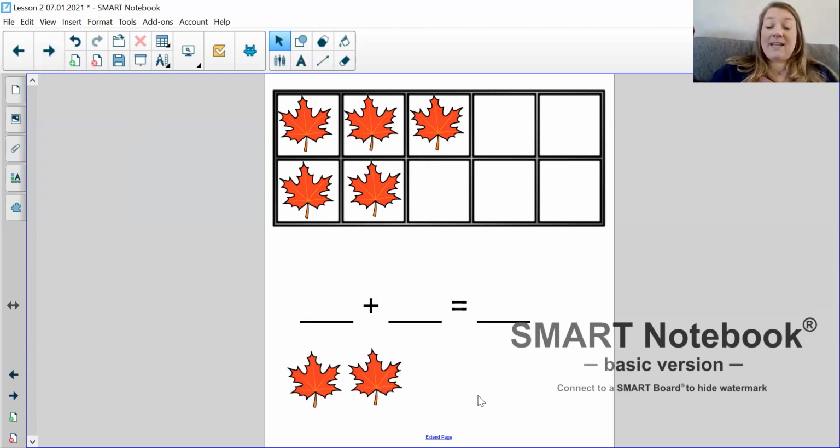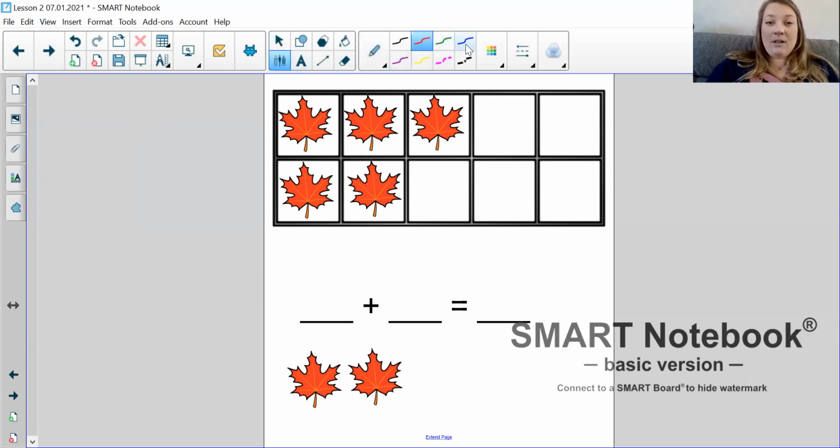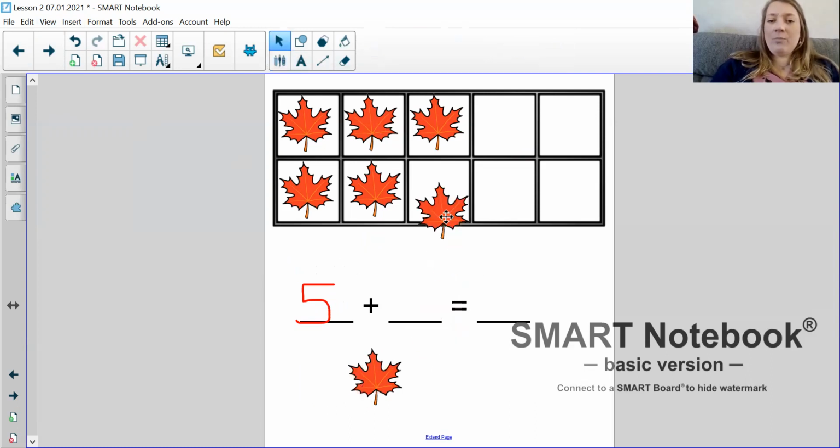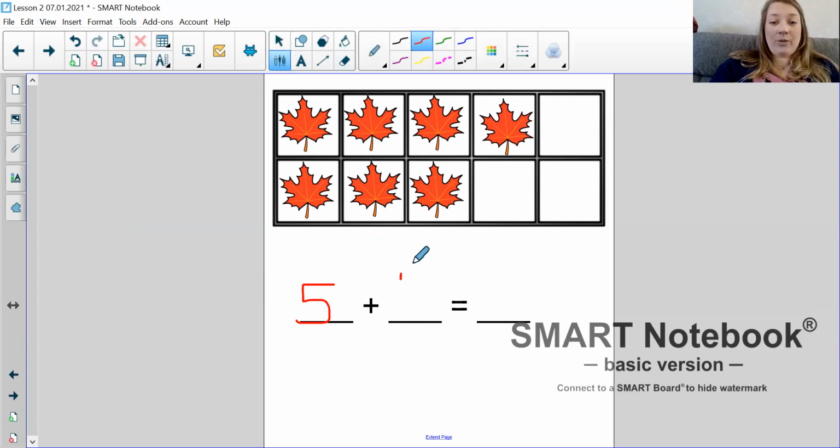Here we've got a number sentence and I'm going to fill it in. So first, 5 leaves fell. Next, or then, 2 more leaves fell. So I'm going to add the 2 onto the tens frame. And I'm also going to write the 2 in my number sentence. Oh, that's a very big wonky number 2, isn't it? Goodness me.